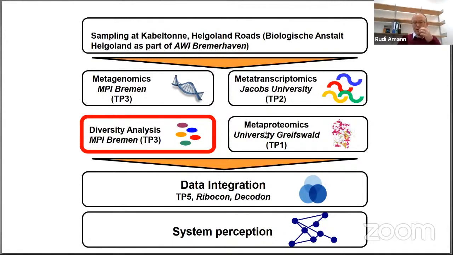The title of this presentation already indicates that a long-term collaboration, which now also lasts 20 years, between the MPI in Bremen and the University of Greifswald is important to do not only the genomes and the metagenomes, but also the proteomes and the metaproteomes.